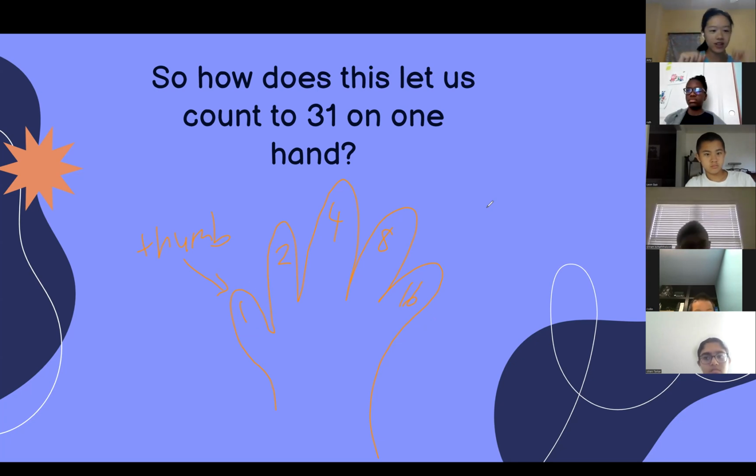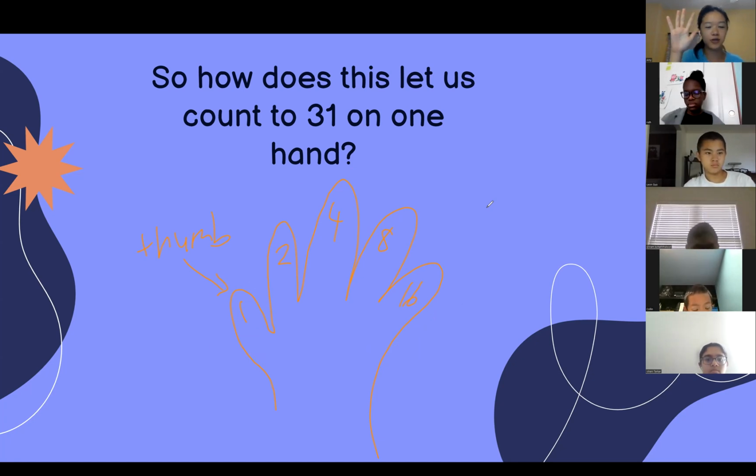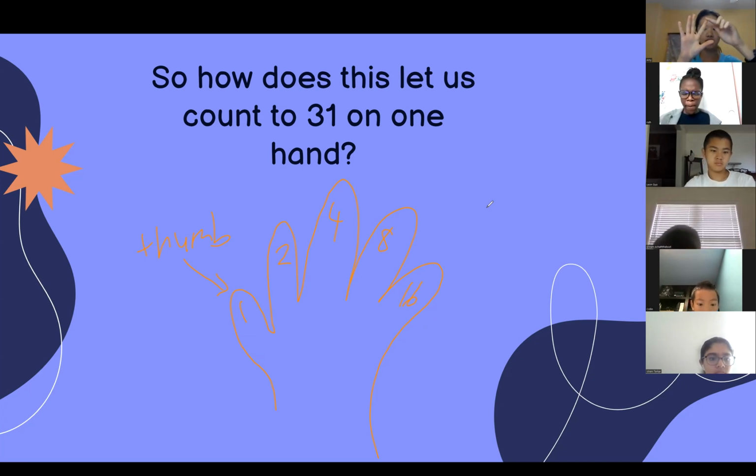So that'd be 25. How about a full hand? What would that be? Yes, a full hand would be 31 because that would just be 1 plus 2 plus 4 plus 8 plus 16. So it looks like you guys have got the hang of it.